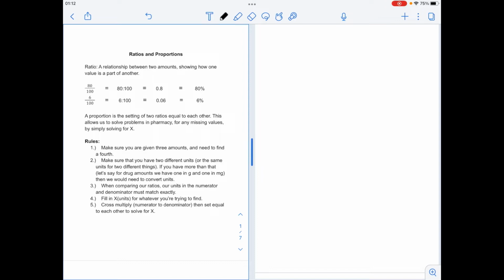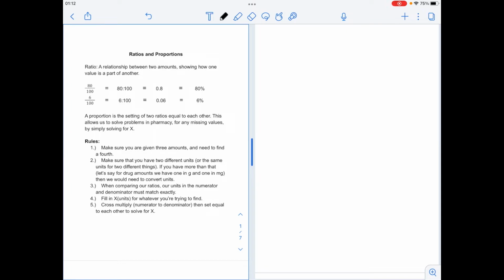Now, when we're setting up our actual ratios, we don't necessarily have to worry too much about what number is in the numerator and which one's in the denominator position, as long as we align our units with this type of problem.